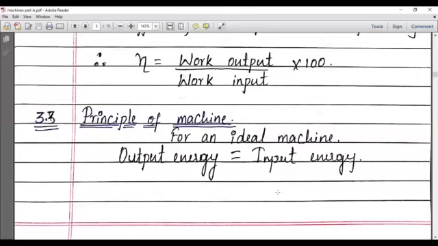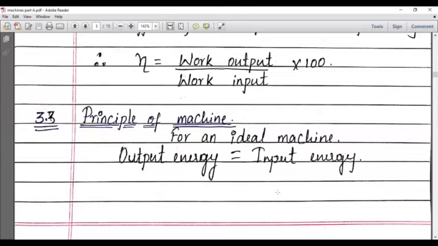We can represent it as load into displacement of the point of application of load, since the force here is the load itself. For an ideal machine, output energy should be equal to input energy.